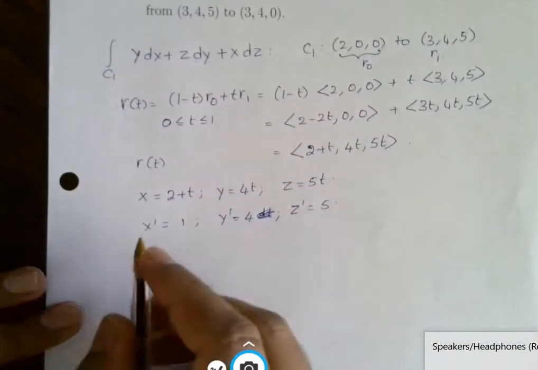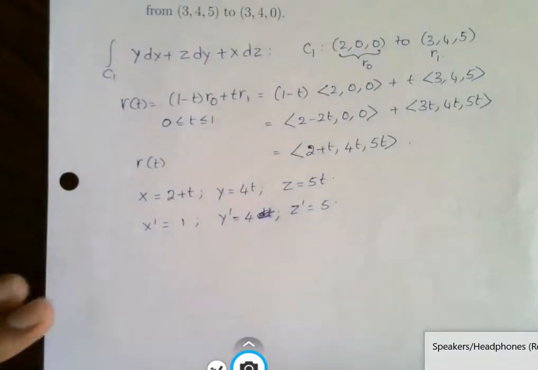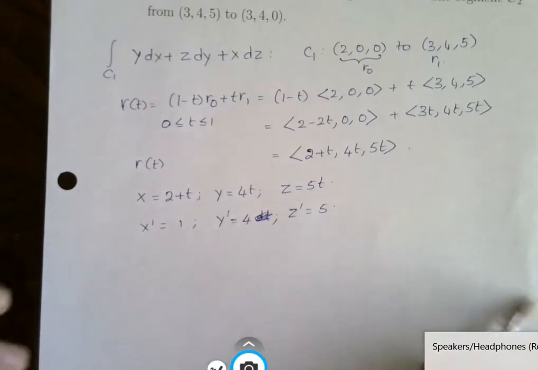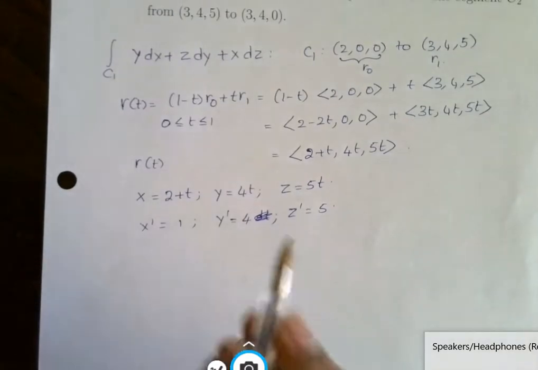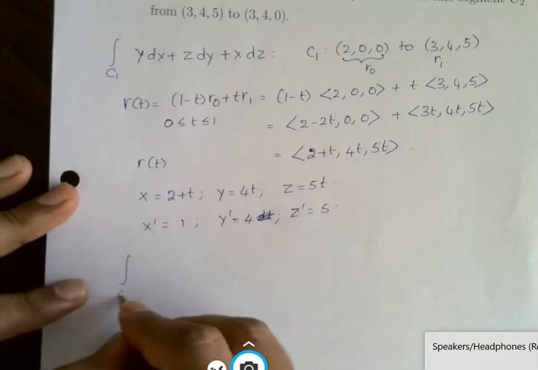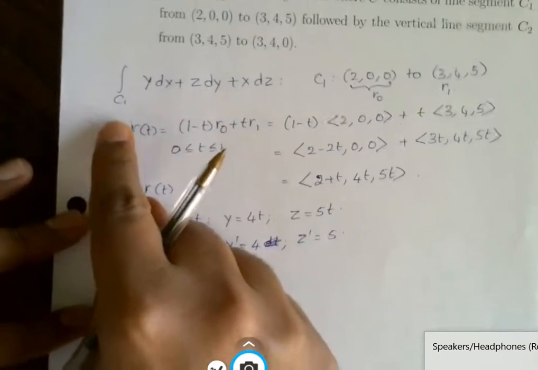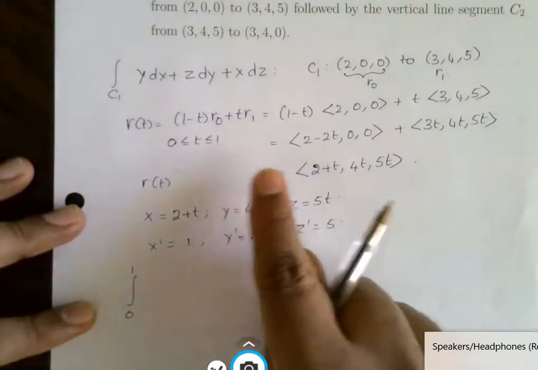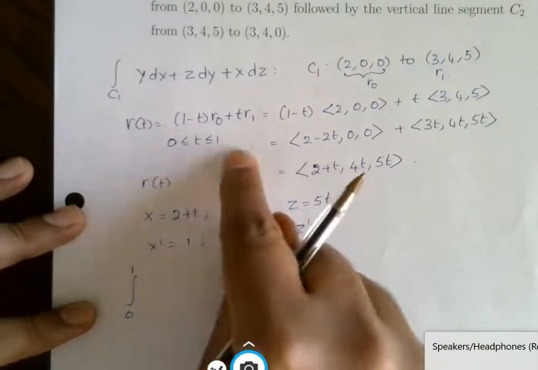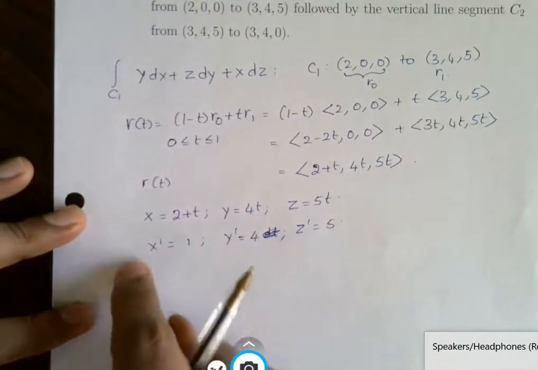Now the way I'm going to write this is as an integral from 0 to 1. I have the integral on C1, but because I have reparameterized, my values of t vary between 0 and 1, so my limits of integration are 0 to 1.